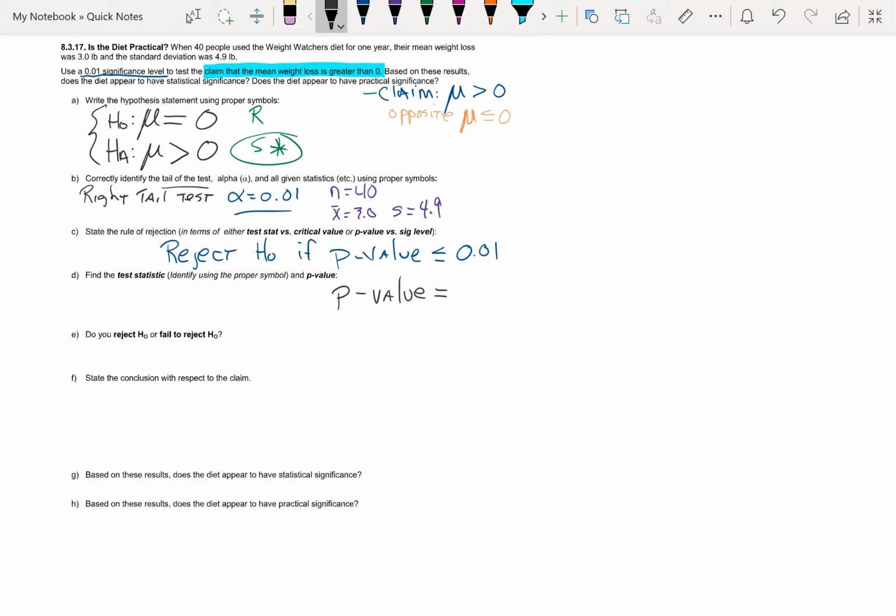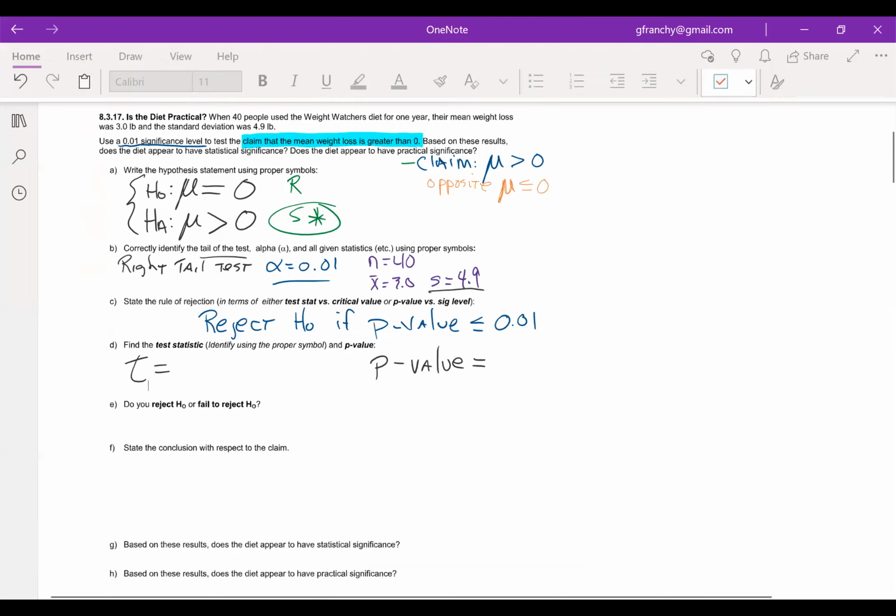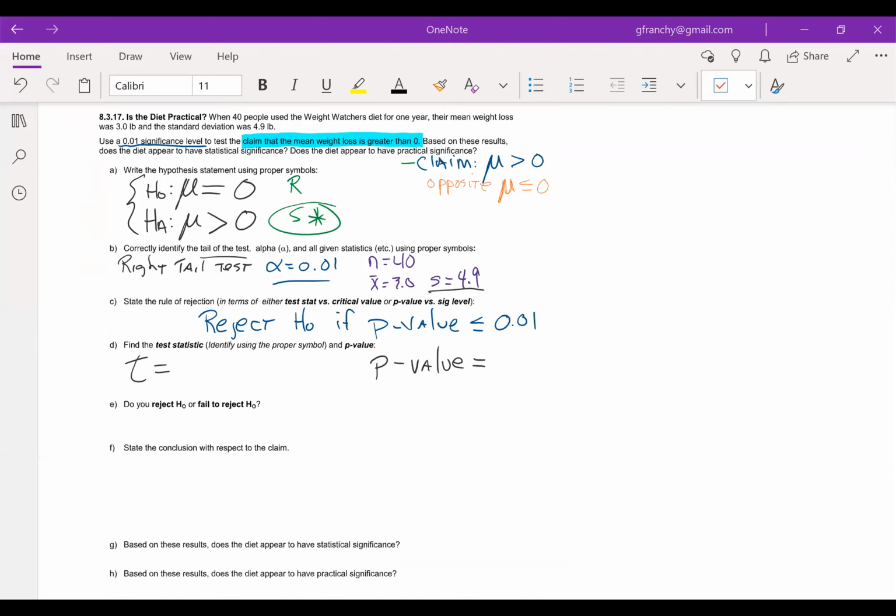Now our test statistic, since we're testing the mean, is going to be based on which standard deviation we have. Since we have the sample standard deviation, we're going to be using the student t-distribution. Even if we would have forgotten about that, good news, Statdisk was going to bail us out. So let's switch on over to Statdisk.